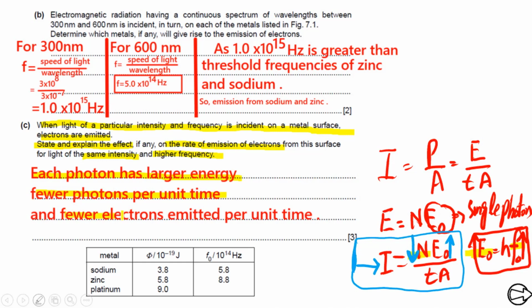And if the number of photons is less, it means fewer electrons will be emitted. Each photon will give rise to the emission of one electron. If we decrease the number of photons, the number of photoelectrons will also go down.